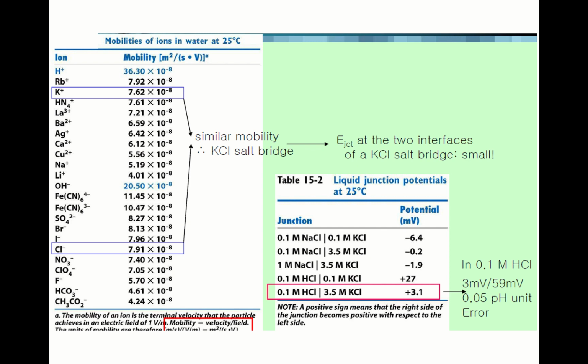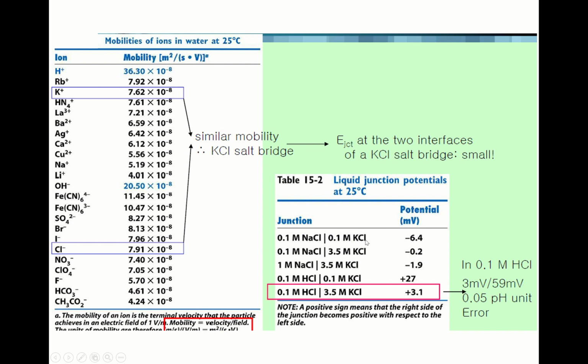Okay, very good. This table shows liquid junction potential. Here there are many different junctions, and you get an idea of how junction potential changes. The first junction here: the left-hand side is 0.1 molar sodium chloride, and on the right-hand side, 0.1 molar KCl.